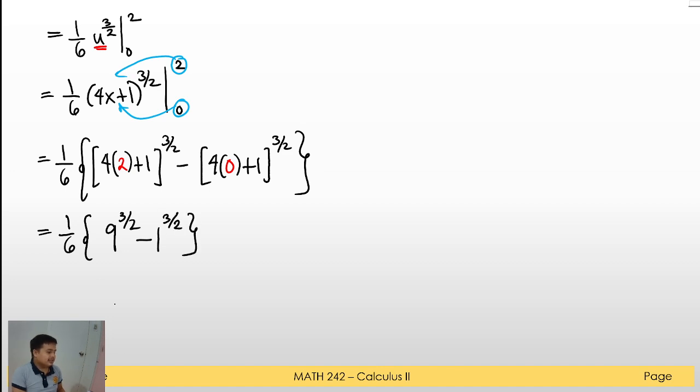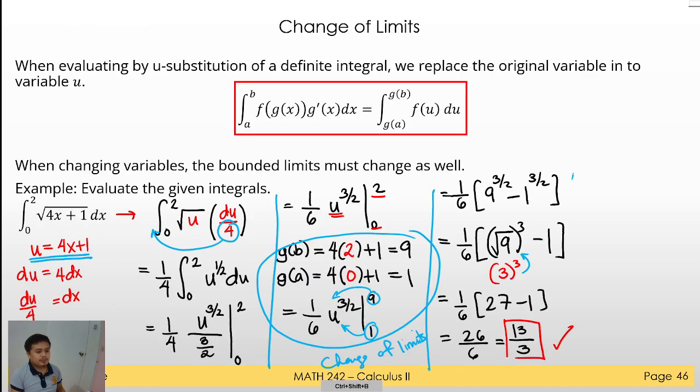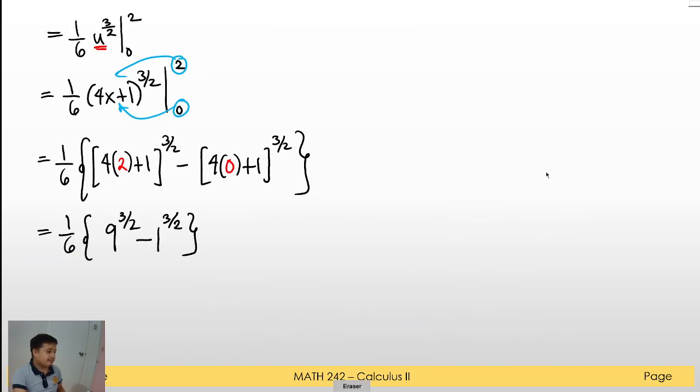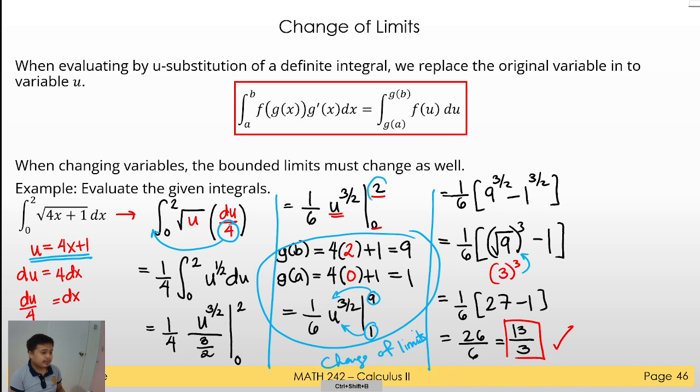So we arrive at a similar step that we did. Therefore, the evaluation of this will still be 13 over 3. I will just skip the steps since we already solved this one. So either you can change the limits or you can change the variable back to its original variable. You cannot substitute the limits directly if you change the variable, or that is wrong.